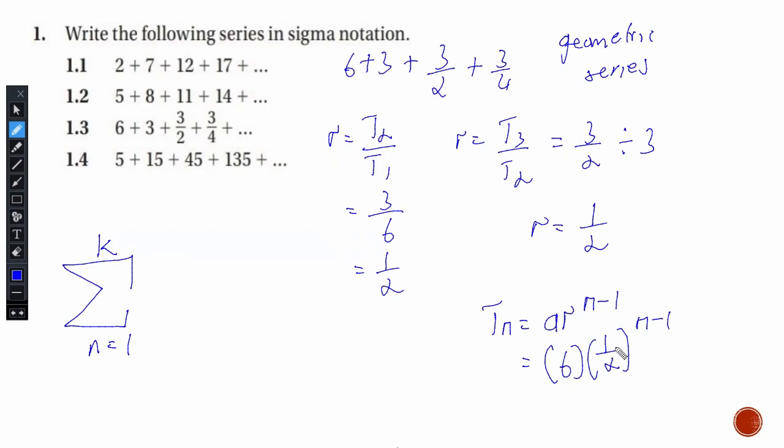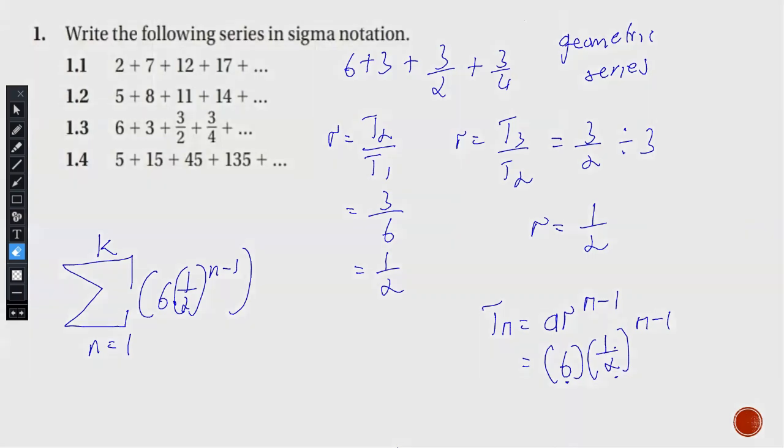Remember, you can't say 6 multiplied by half, because this is a coefficient and this is a base, and you can't multiply a coefficient and a base, right? So here you're simply just going to write it as 6 times (1 over 2) to the exponent of n minus 1. Then there you go, right? So you have written it in sigma notation. So it's quite simple to write your sigma notation, guys.